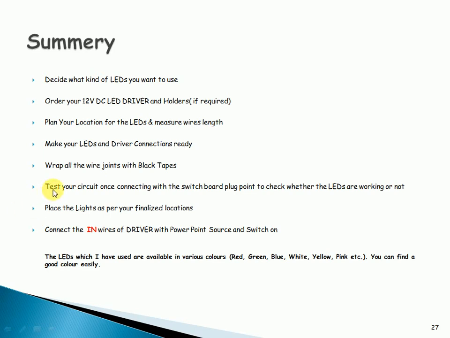Now test your circuit once before connecting to the switchboard plug point. Sorry, test your circuit once connected to the switchboard plug point before putting the lights in your final position. If the lights are not turning on, what will be the benefit of placing the lights in your position? So test your LEDs, whether they are working or not.